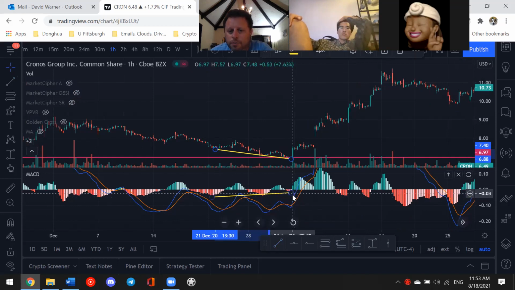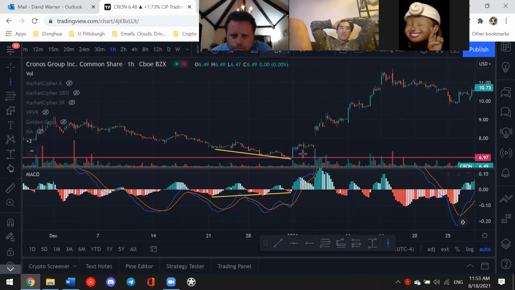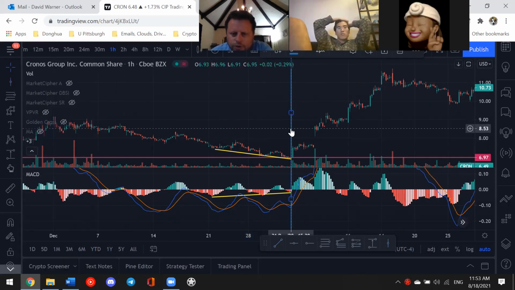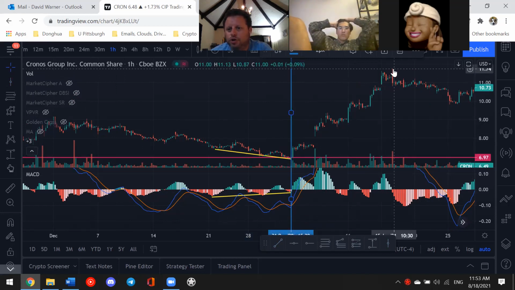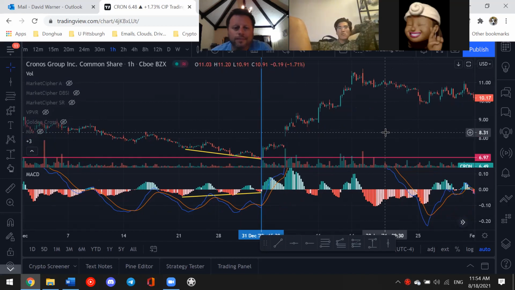And when it confirmed on this histogram right here is when I would have bought, and you would have bought at 670 and you could have sold as high as 12. That's a 100% increase. And you're predicting the future here. It's so powerful and it's so important.